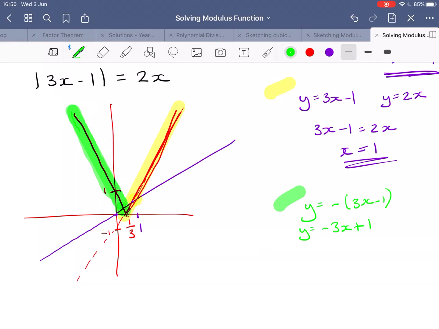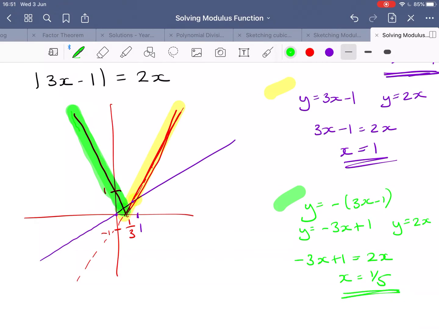So I want to know where the line y equals minus 3x plus 1 and the line y equals 2x meet. So again, equate the two. Minus 3x plus 1 equals 2x. Add the 3x, so I've got 1 equals 5x, so x equals 1/5.